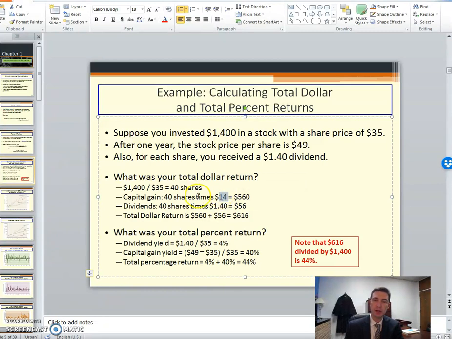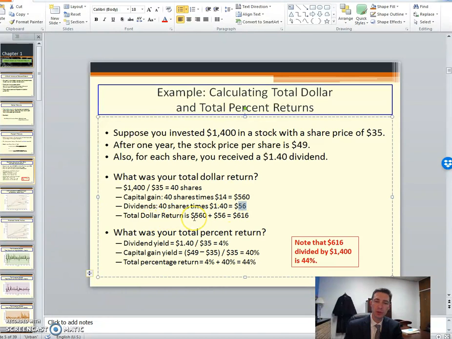So $14 multiplied by the 40 shares gives you $560 worth of capital gain. Now in terms of dividends, you had 40 shares, and you got $1.40 for each one. So $1.40 multiplied by 40 gives you $56 in dividend income.